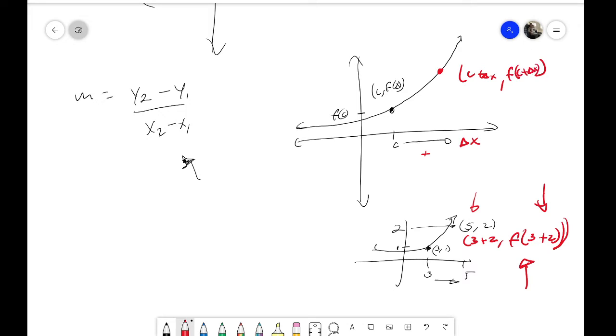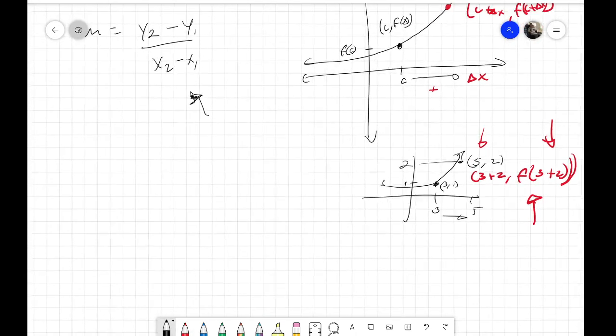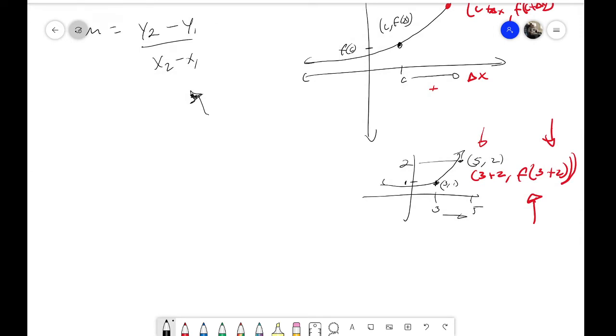I'm writing it in this form because this is how we get the general formula. If we wanted to get the slope of the secant line, which I'm going to distinguish by writing secant in the subscript, we have y2 minus y1 divided by x2 minus x1. That's how we find the slope.